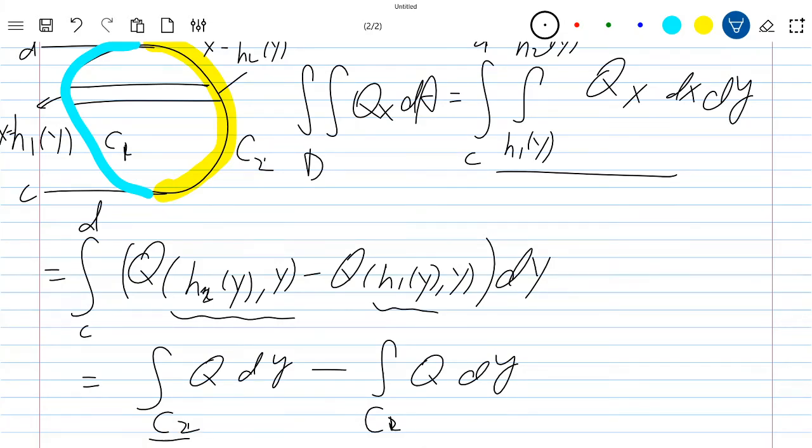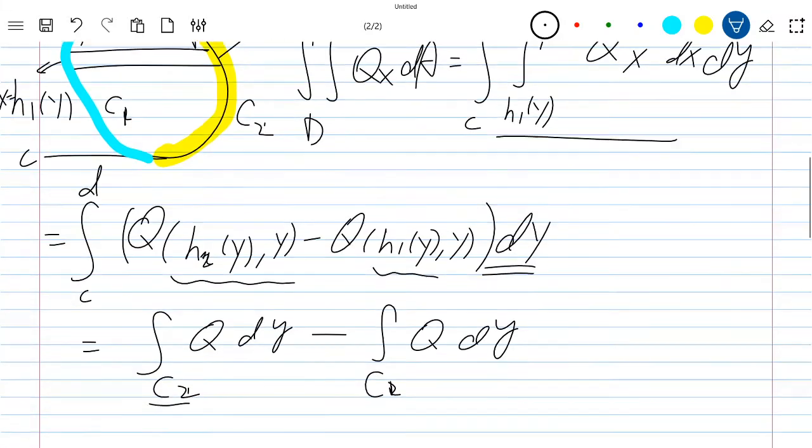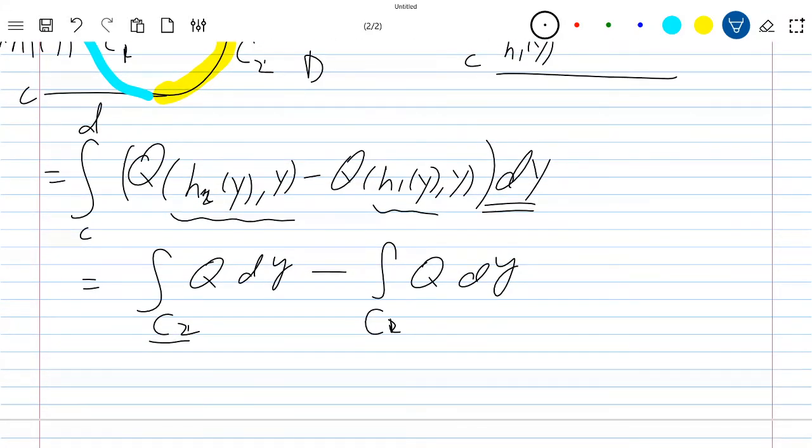So along C2 it's h2, along C1 it's h1. And because our dy is always positive for the area integral, C1 and C2 both go from bottom to top.